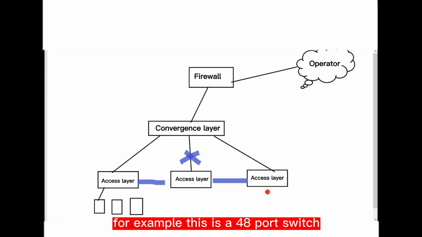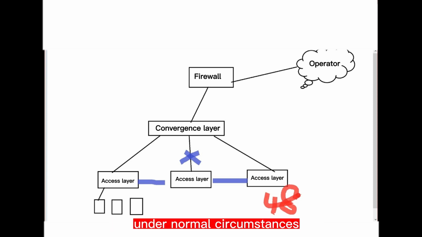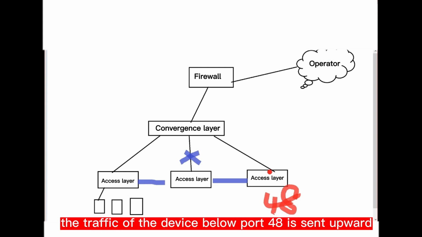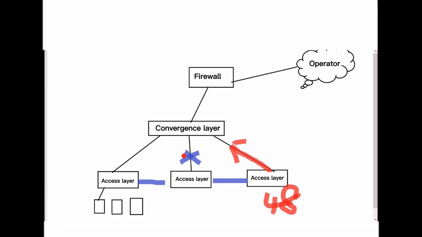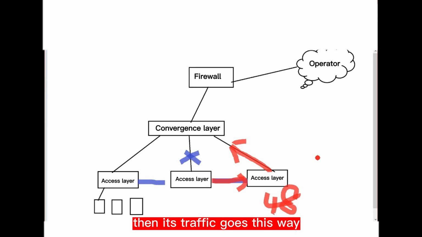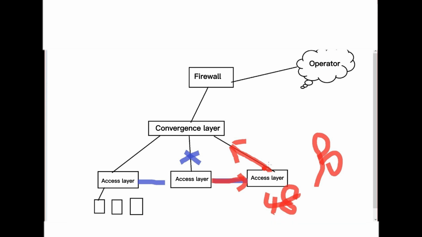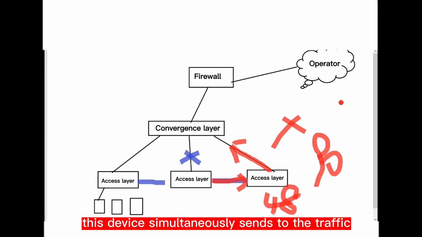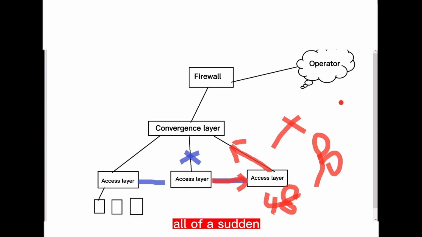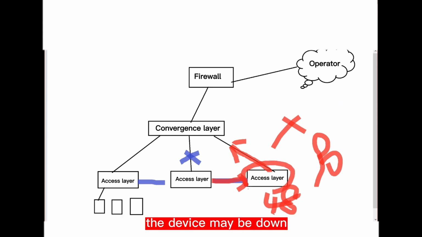For example, this is a 48-port switch. Under normal circumstances, the traffic of the devices below on its 48 ports is sent upward. Suddenly the line is broken, then its traffic goes this way, and it suddenly has to send more than 90 devices' traffic. It may not be able to bear it. This device suddenly sends all that traffic, and the device may go down.